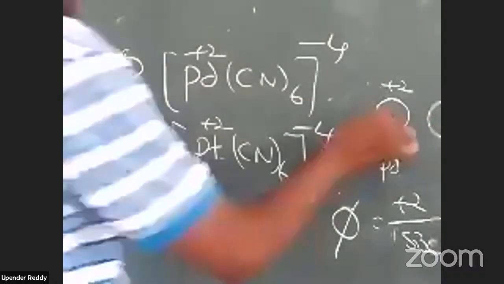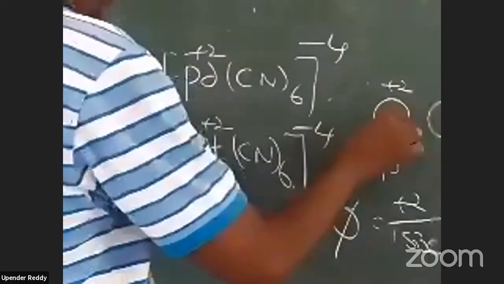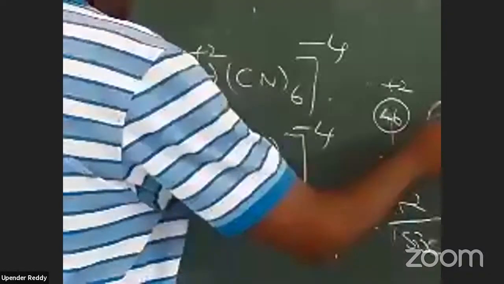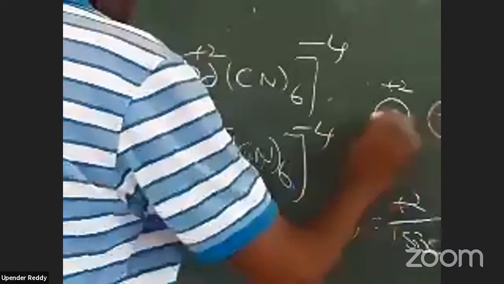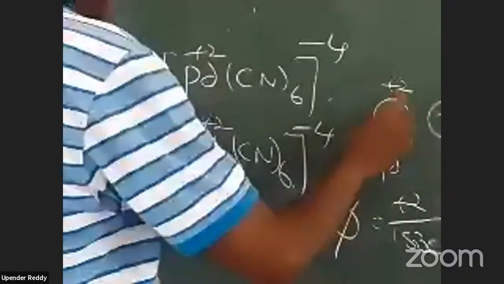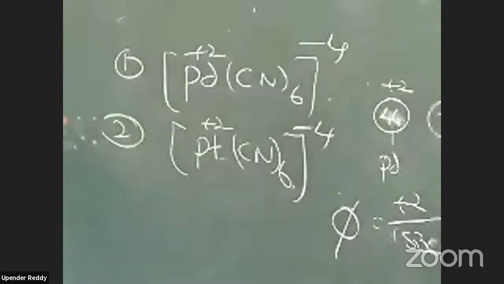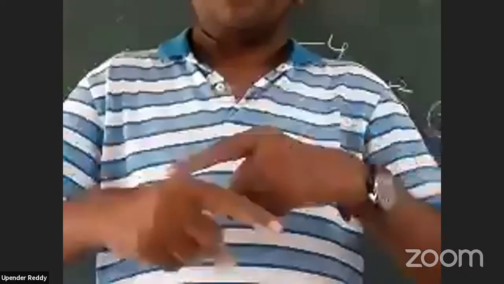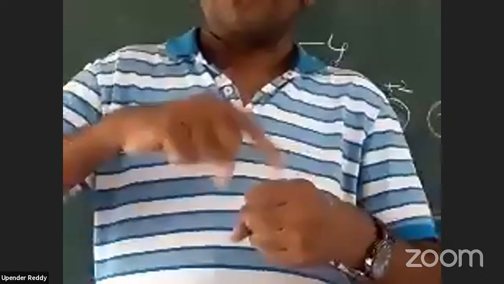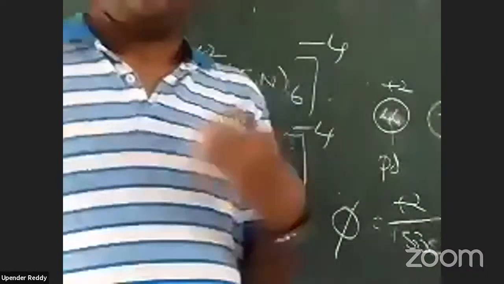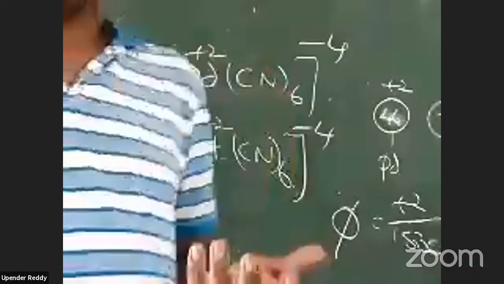Palladium has only 46 protons, while here it has 78 protons. See here, same size, same charge. But the attraction force is more for platinum because 32 protons are extra. Hence, the stability here is beyond our expectation.